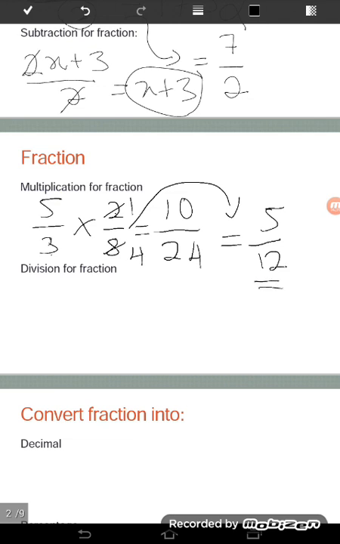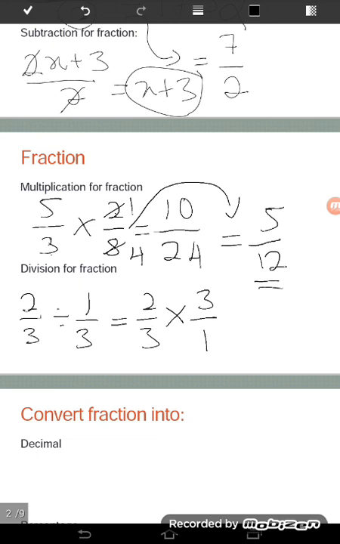So how about division? How to divide two fractions? 2 over 3 divided by 1 over 3. For 2 over 3, the divide you change into multiplication, and you terbalikkan (flip) this one, which is 3 over 1.